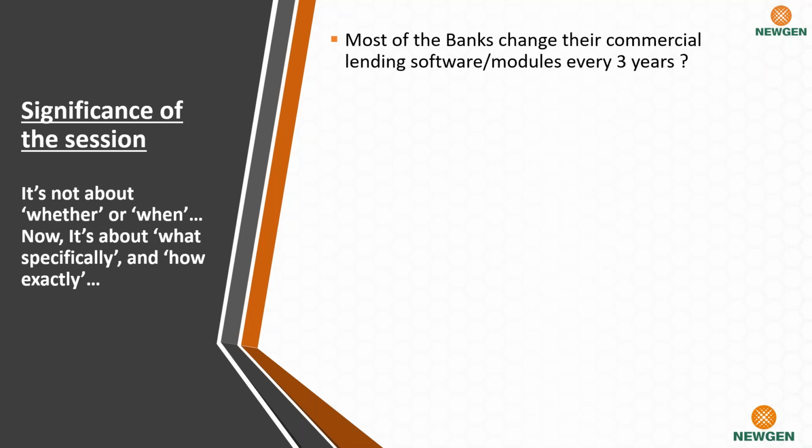Now, the question I wanted to ask was, why is that the case? If the technology has changed, are the solutions not adopting the new technology? If the bank requirements or credit union requirements have changed, are these solutions not really catching up to the speed of the banks and the credit unions? So that's a pertinent question.